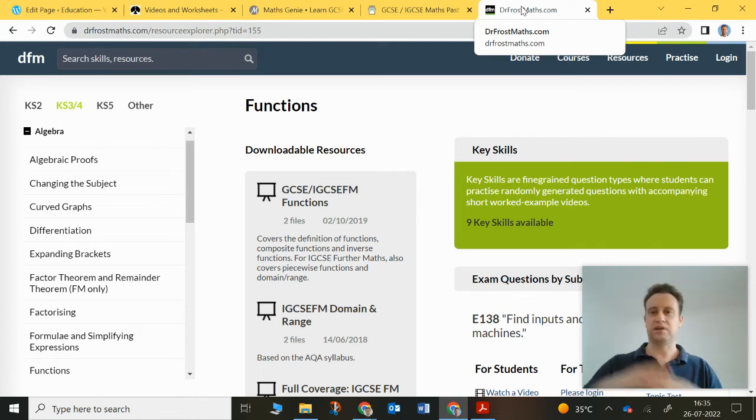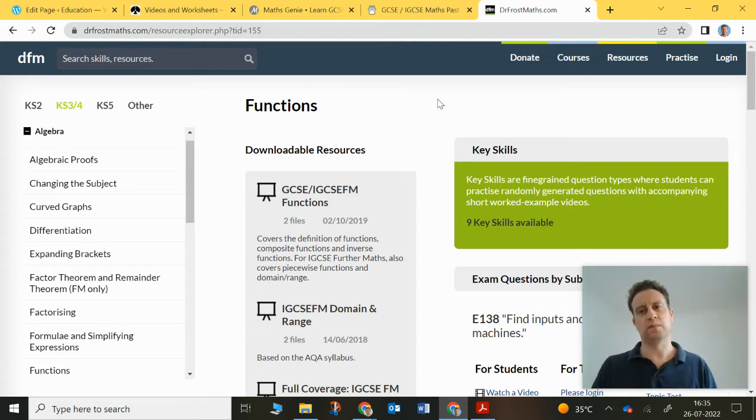And we use loads more resources like Maths Watch for setting homework, or My iMaths, or Sparx. There's tons of different resources, but this is a great place for finding explanation PowerPoints, but also masses of questions as well.